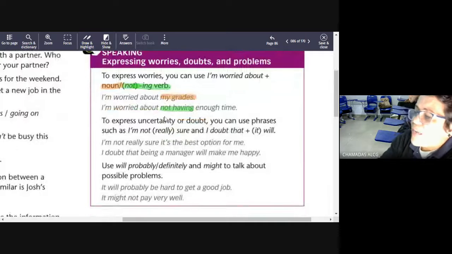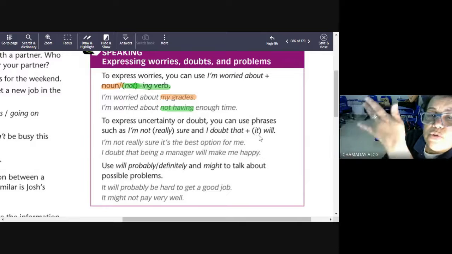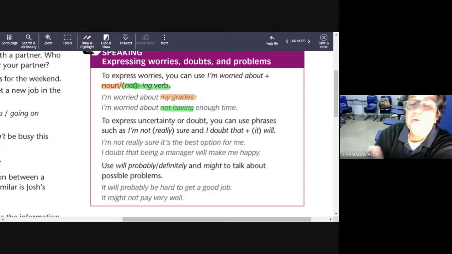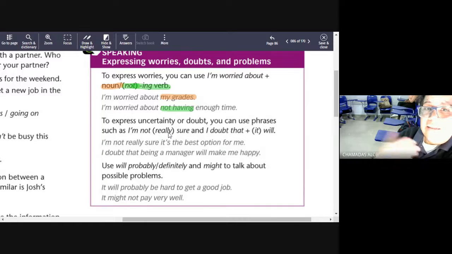Now, to express uncertainty or doubt, you can use phrases such as, I'm not really sure, and I doubt that I will do this or it will work out. So these are expressions that help you convey the idea of uncertainty or doubt.